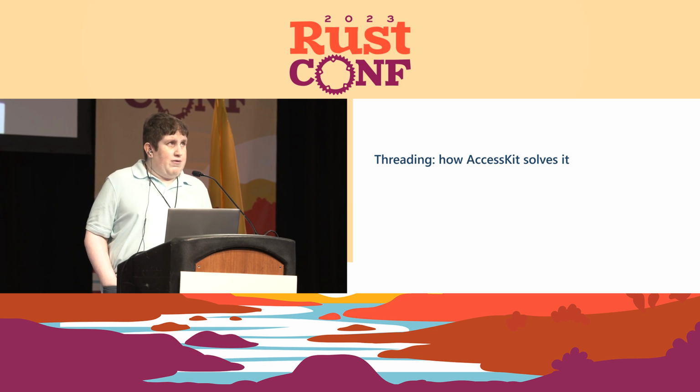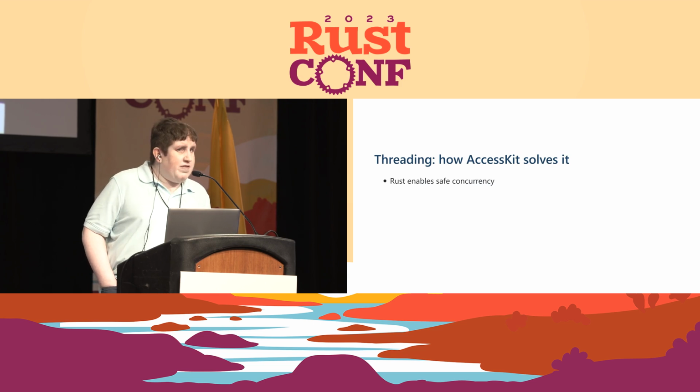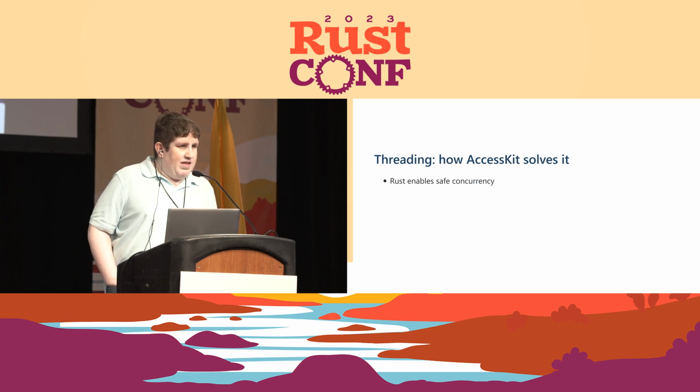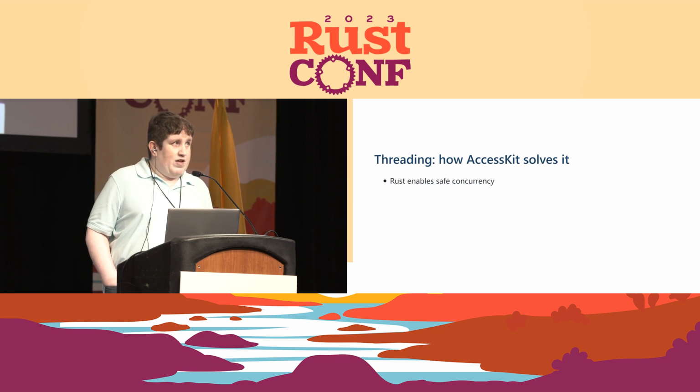So how does AccessKit deal with this problem? The first thing that helps us, of course, is that Rust enables safe concurrency. The freedom from data races, the type system features that allow us to protect things behind a mutex or read-write lock and be sure that those locks are going to be acquired, the mutability rules.